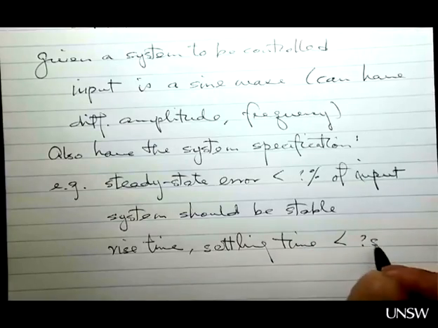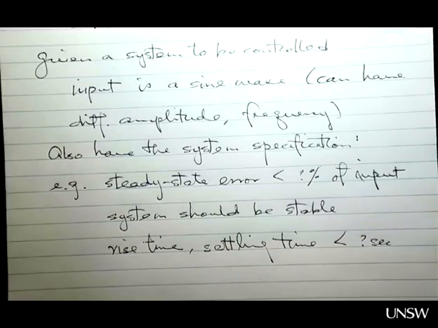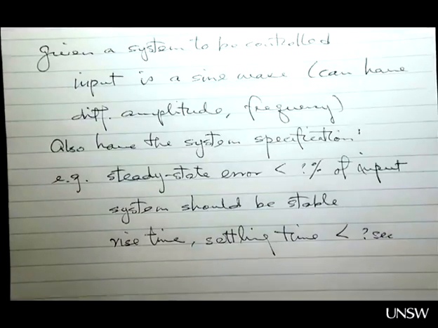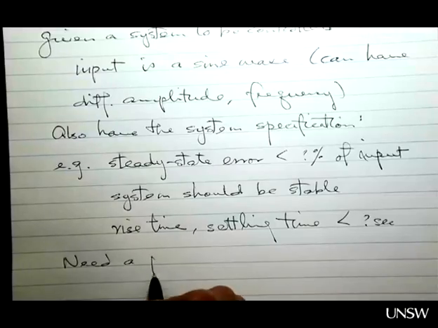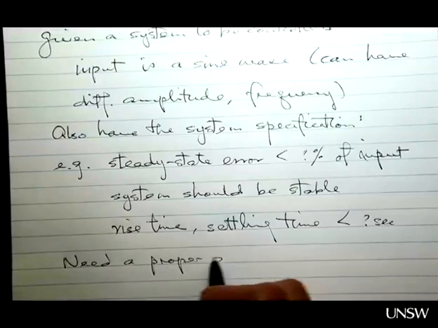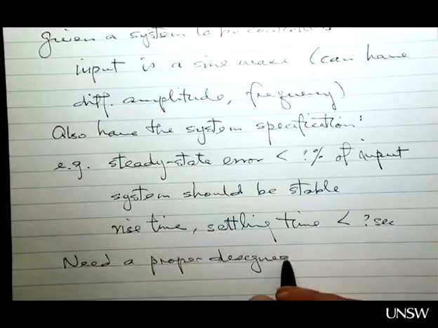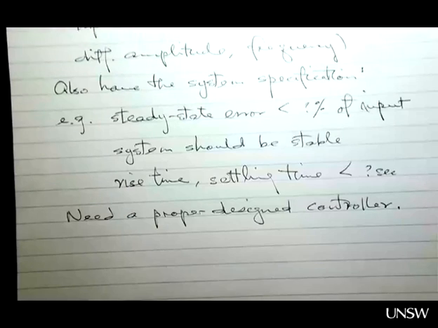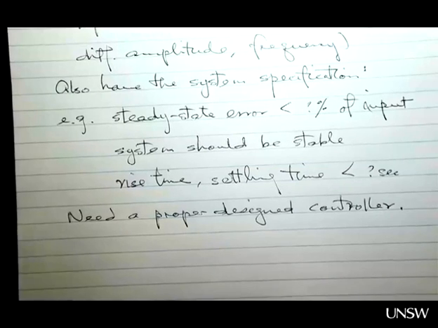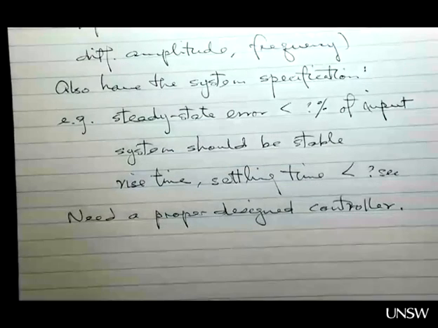We can have a lot of specifications that we can put into the system. And in order to satisfy all the specifications, we need a proper design of the controller. So far, do you agree with the scenario that we are facing in a control system?